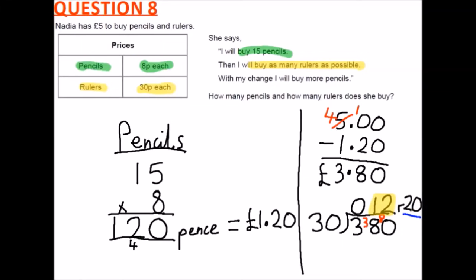So the total number of pencils she's going to buy would be that 15 initially, plus the 2 with the change, so she's going to get 17 pencils. And as we mentioned before, with the rulers, she can buy 12 rulers. So your final answer is she's going to buy 17 pencils and 12 rulers.